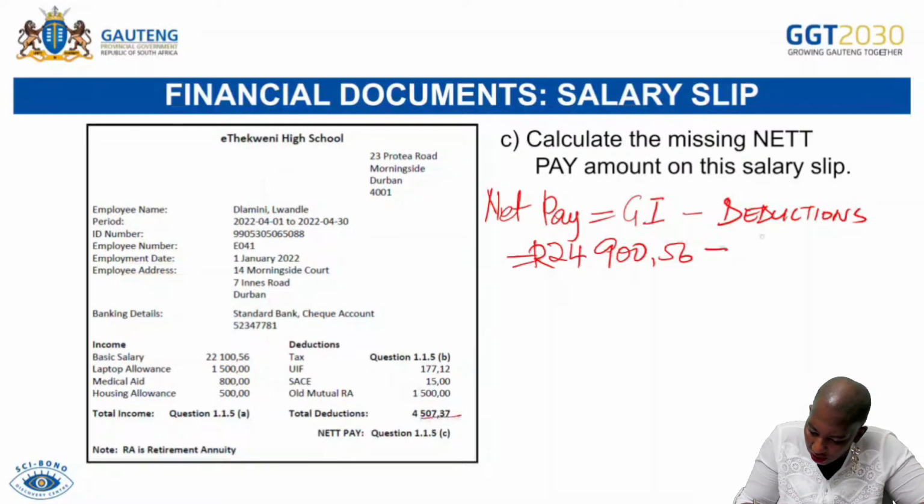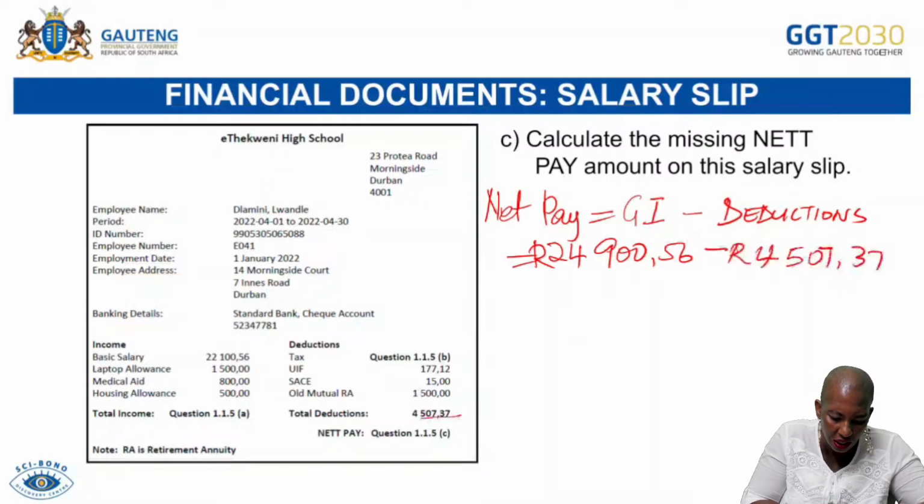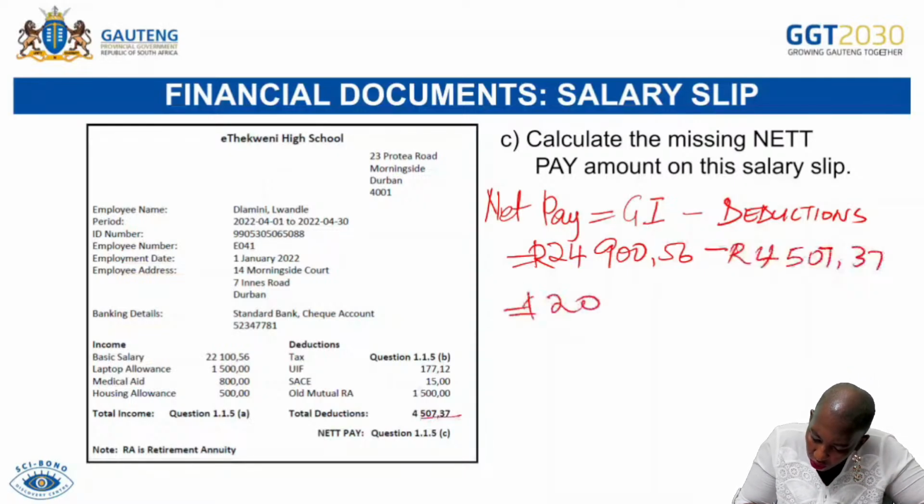Here are our deductions, which is 4,507 rand 37. Now we subtract that amount from the total income, and then we are left with the net income now, 20,393 rand 19 cent.